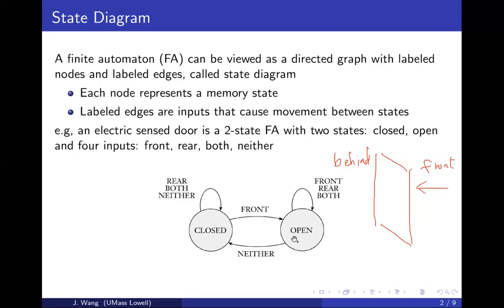This is for safety reasons. Once the door is open and you have a person in front, you should let that person come in, so the door remains open. If there is no person in front but there is a person behind the door, you don't want to close the door because the person may bump into it, so it should remain open.